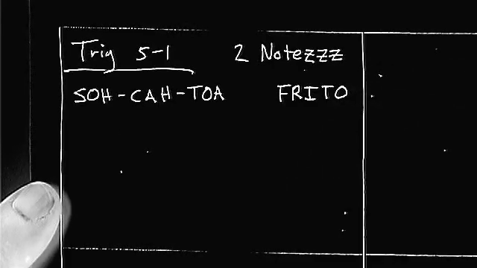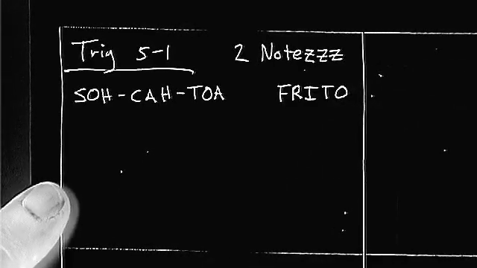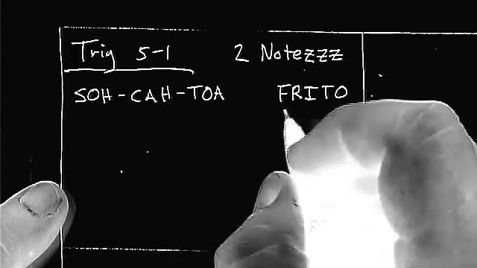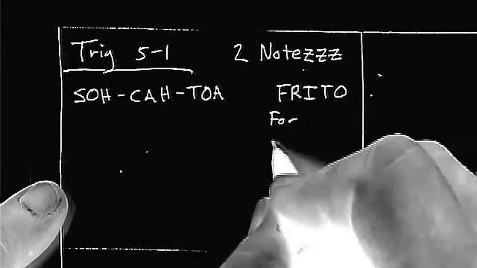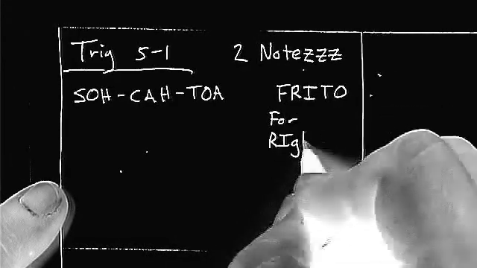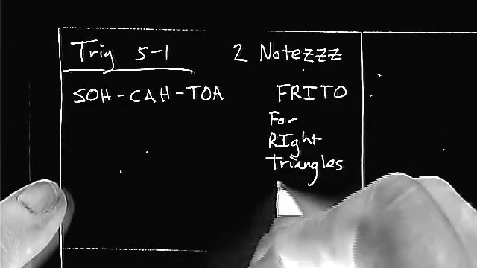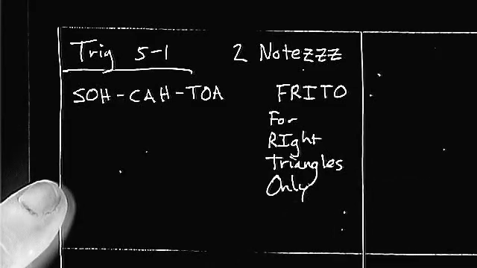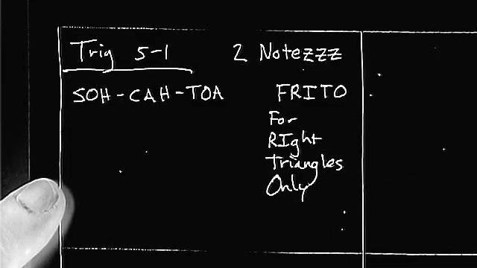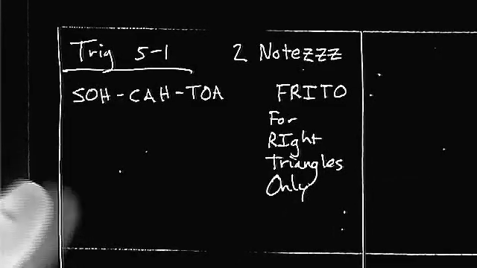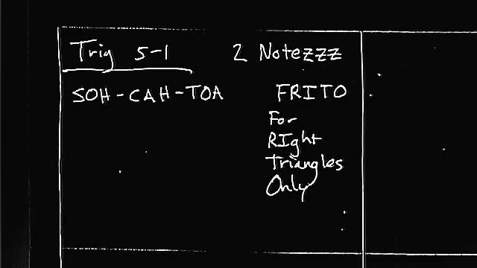Of course, I'll also remind you of SOHCAHTOA, for right triangles only. Don't try to use SOHCAHTOA on a non-right triangle. You'll hurt yourself. We don't want to do that.